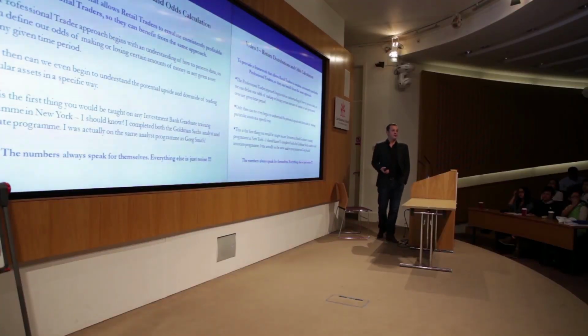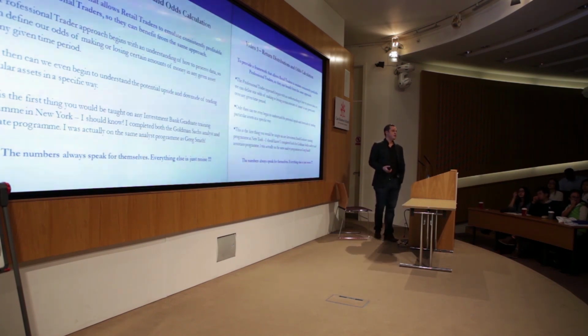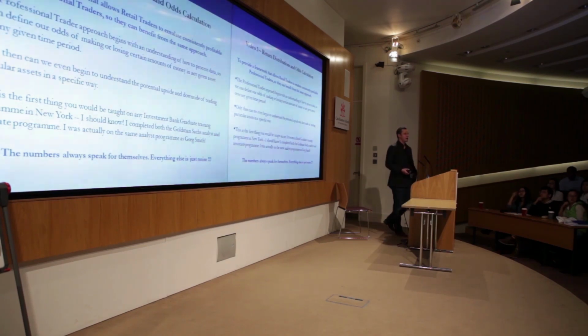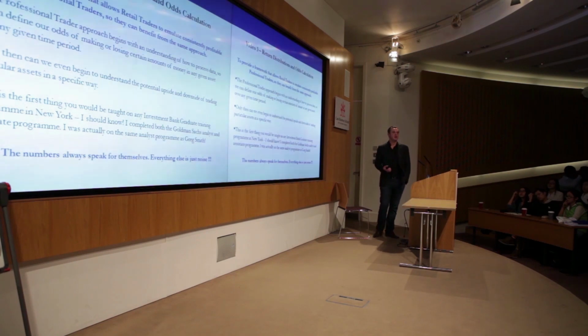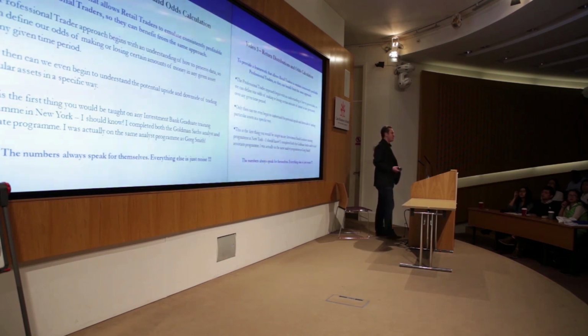And the numbers will speak for themselves. Because every time you do this, the numbers are there, they are what they are, and everything else is just noise. Your job as a trader is not to argue with the numbers, it's to glean from the information that you've been given by the numbers what's important and what's not.